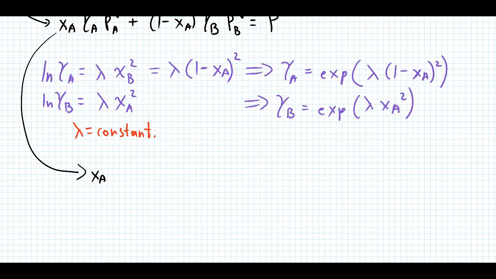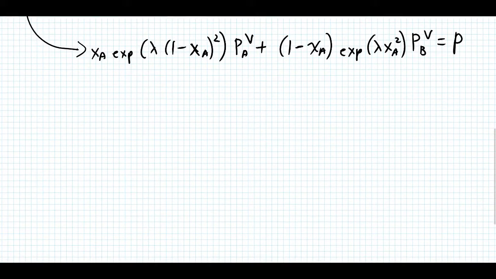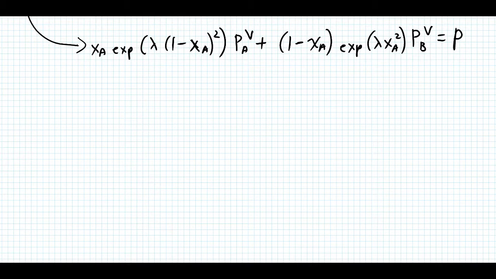So xa times e to the lambda times 1 minus xa squared times PAV plus 1 minus xa times e to the lambda times xa squared times PBV is equal to P. And voila, now we have pressure as a function of xa.